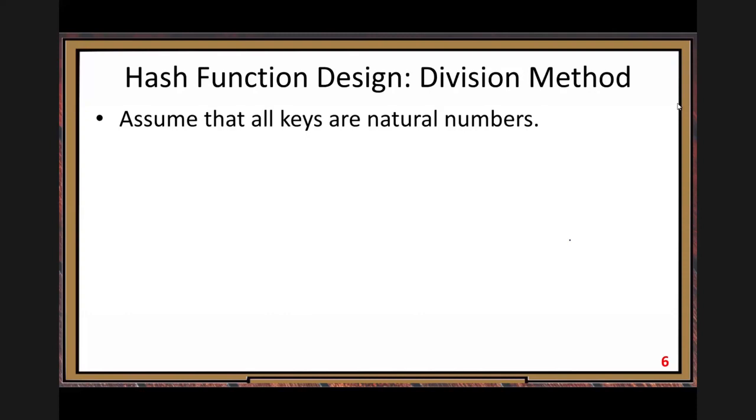Assume that all keys are natural numbers for simplicity. Later, we remove this requirement. For our initial understanding, we make this assumption. Later, any strings can be used as keys, because given a string, we can convert it to a number easily.